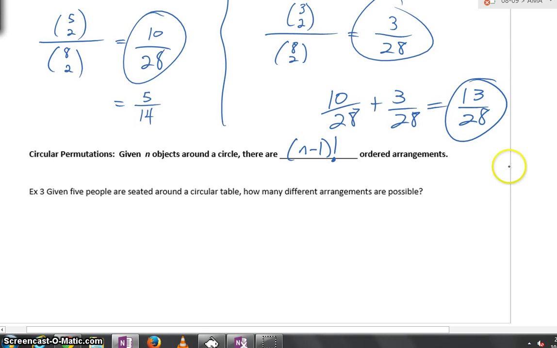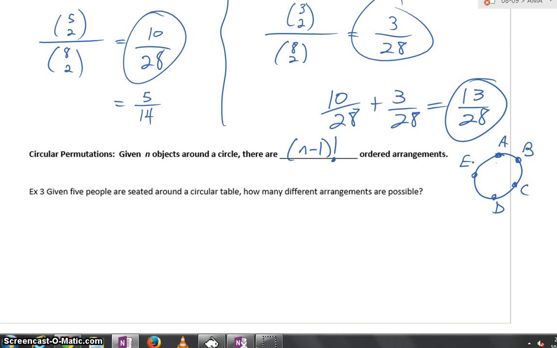If you're sitting people around a circle, I guess what I want to point out to you is where a person is sitting really doesn't matter as much. Like you could have person A, person B, and so forth. Person A could be slid anywhere around the circle. It's not the seat location that matters the most. What matters the most is who is on your right, who is on your left.